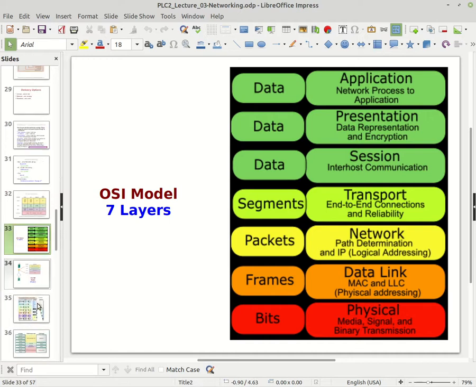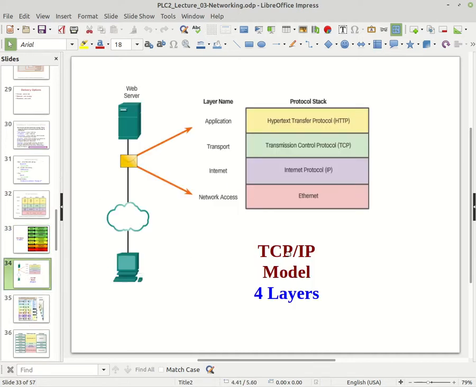Now, if we look at a simpler model, they have the application layer, and the application layer there is effectively the data. And then we send that to the transport layer. And then we send it to the internet layer. And then we send it to the hardware.